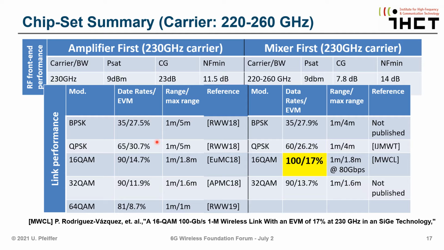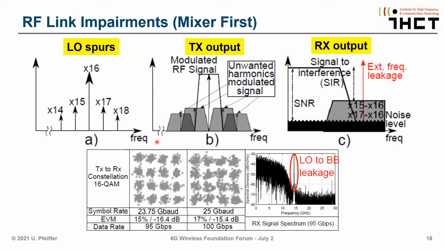And the reason is not that this mixer first has better noise figure or SNR, it is really because there is a more flat bandwidth. And why that has better performance is something that we addressed very precisely. And this is part of the RF link impairments that you have to deal with in these implementations. Some of them are obvious and are related to the spectral purity of the local oscillator.